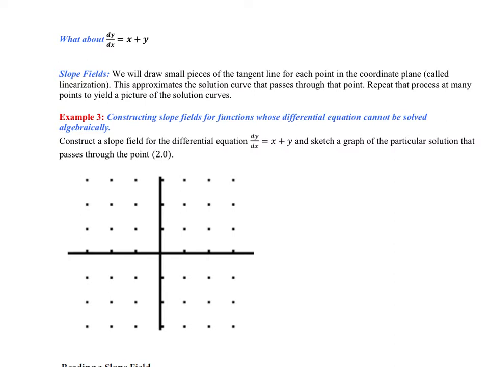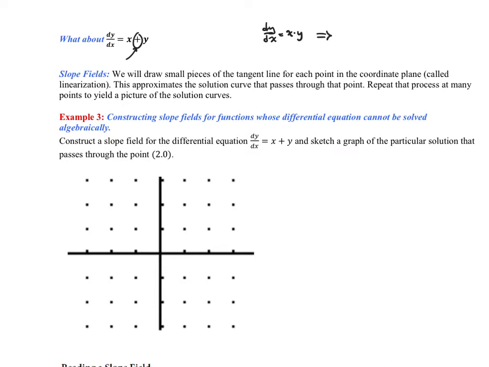In this particular situation, we don't have algebraic techniques in order to solve this problem. This is considered not separable. The key item here, which makes it not separable, is the plus here. If we had dy dx equals x times y, I could separate my variables and keep them in a standard form.